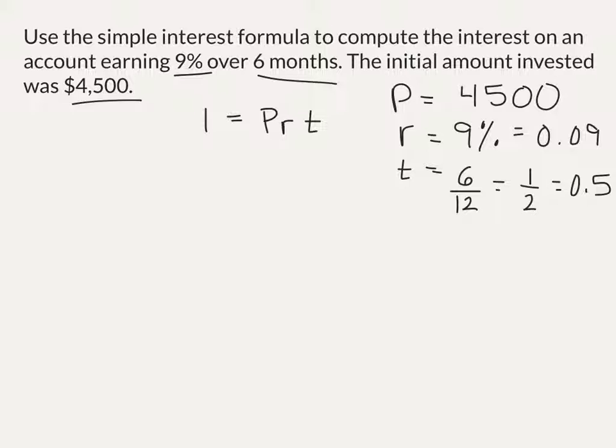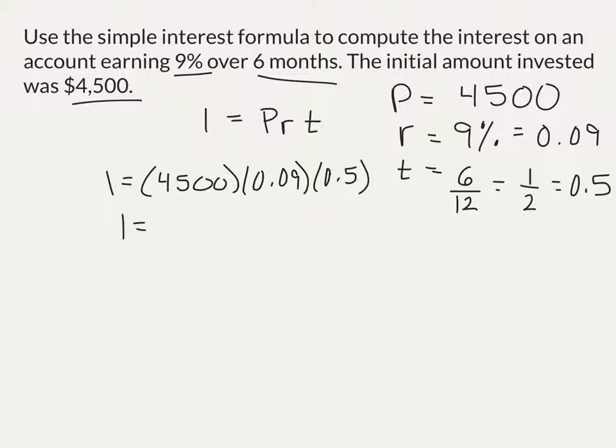Now we'll take these values and put them into our formula. So I equals 4,500 times 0.09 times 0.5. Lastly, we'll multiply the numbers together.